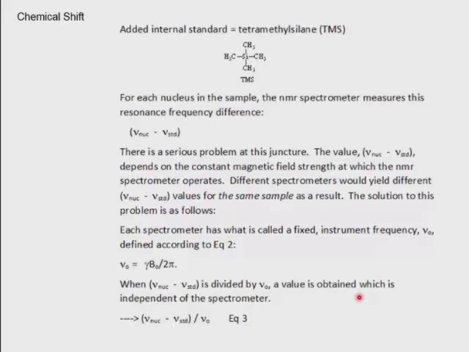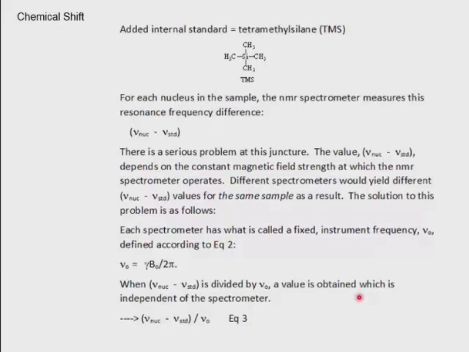However, it can measure accurately and precisely the mathematical difference between two different resonance frequencies. What's routinely done in NMR spectroscopy is this. A chemical agent is added to the sample being analyzed. This agent functions as an internal reference standard. It provides a fixed resonance frequency signal that can be compared to the resonance frequencies of all sample nuclei.